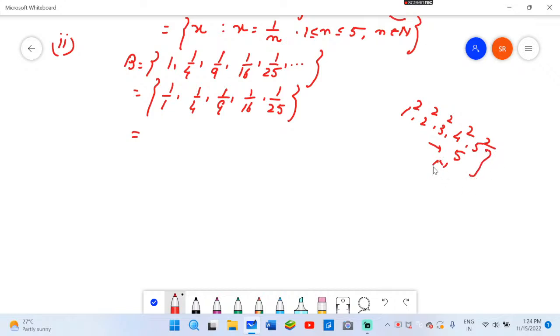Using these conditions, let us write it as: x is a general element such that x is equal to the reciprocal of the square of a natural number, n is at most 5 and at least 1, and n of course belongs to natural numbers.